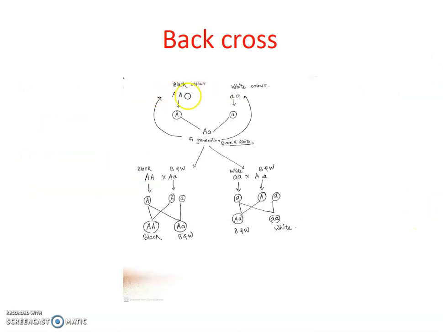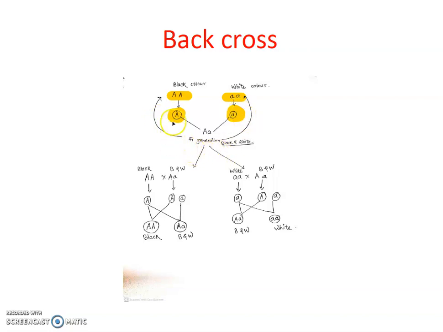Suppose the black color animal is here, and this is a white color animal, and their genotypes are both pure, capital A and small a. Then this black color animal produces A type gametes, and this white color animal produces small a type gamete, a single type of gamete.